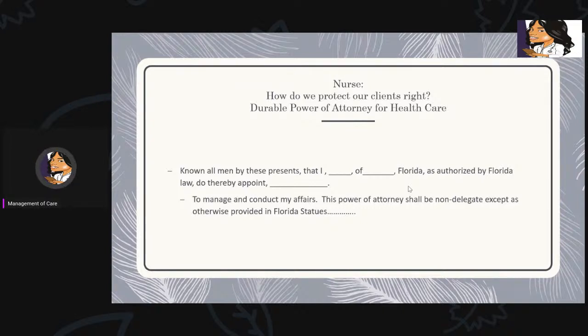So this is someone who is appointing another person to handle their affairs. It's a power of attorney for health care. It's something the patient normally signs when he is of sound mind and body. He's saying, listen, this person is allowed to make the decisions for me when I can't make them for myself.